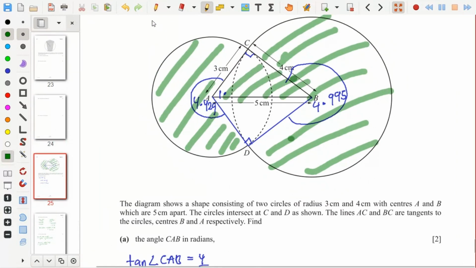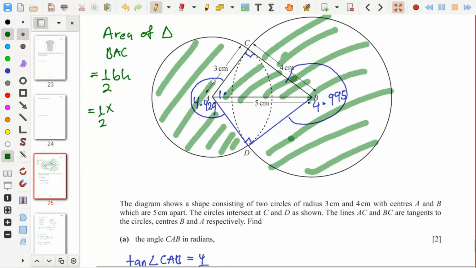So area of triangle. The triangle is BEC. It's a right angle triangle, so I can use half base times height.